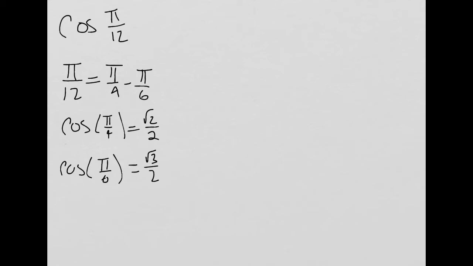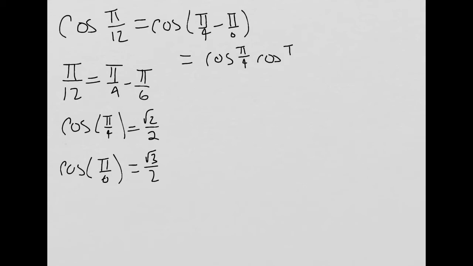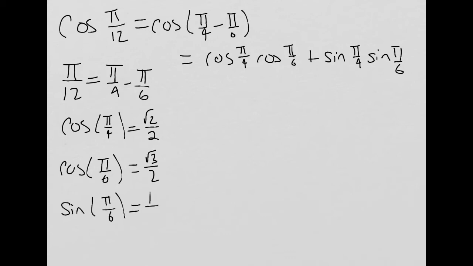So if I go back to my cosine identity, this is the cosine of pi over 4 minus pi over 6. So that's going to be cosine pi over 4 times cosine pi over 6 plus sine pi over 4 sine pi over 6. Now we know that at pi over 4, sine is equal to cosine. The only other piece we need, sine of pi over 6, we know from previous chapters is equal to a half.